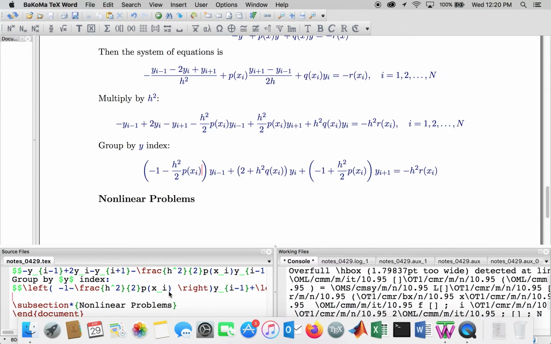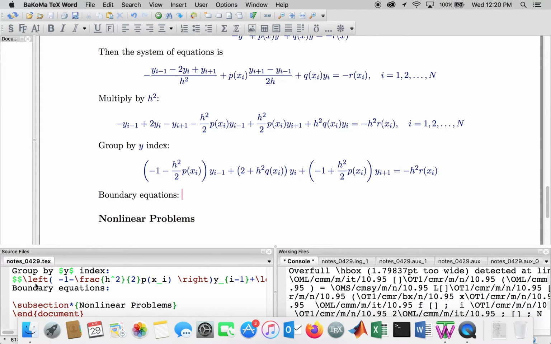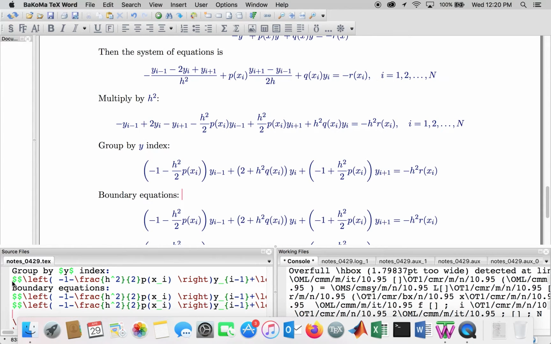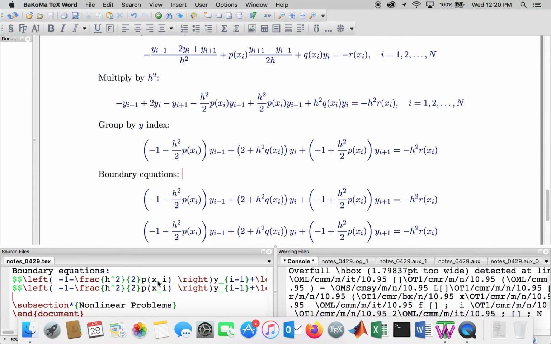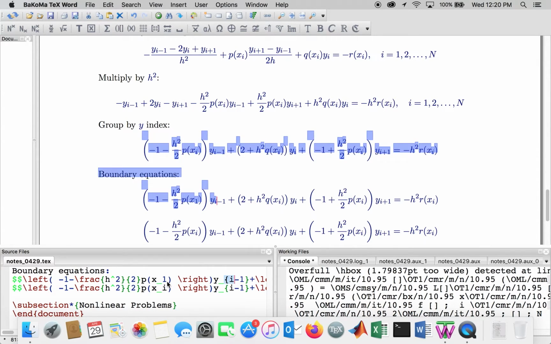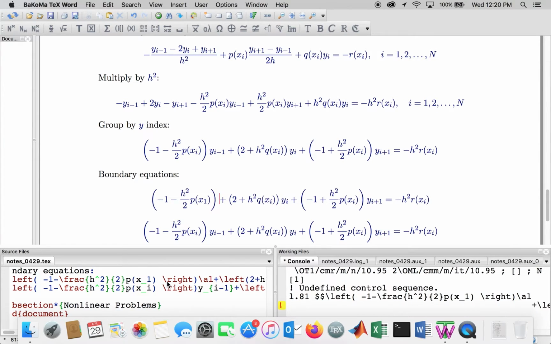So I need to take into account equations that involve boundary values. So for i equals 1, I'm going to make a copy of this. Actually, 2 copies of it, for i equals 1 and i equals n. So throughout this, I'm going to substitute i equals 1. And this would be y naught. But y naught is equal to alpha.